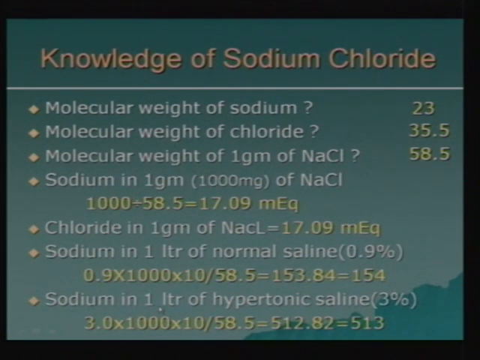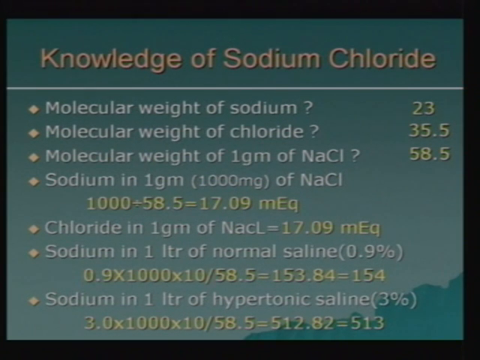And sodium in 1 liter of hypertonic saline, that is 3%. Again, 3 multiplied by 1000 multiplied by 10 to convert it to milligrams, divided by 58.5, becomes 512 or 513 milliequivalent. So you should know that the molecular weight of sodium is 23, chloride 35.5, and sodium chloride 58.5, and that 1 gram of sodium chloride, common salt, contains 17 milliequivalent of sodium.